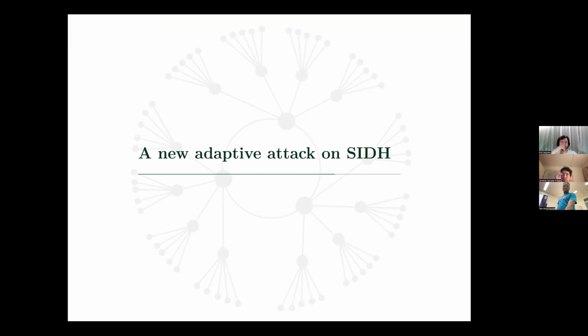So in this adaptive attack, as opposed to the GPST adaptive attack, where you learn the bits of the secret alpha one by one, here we try to use the torsion point attacks.